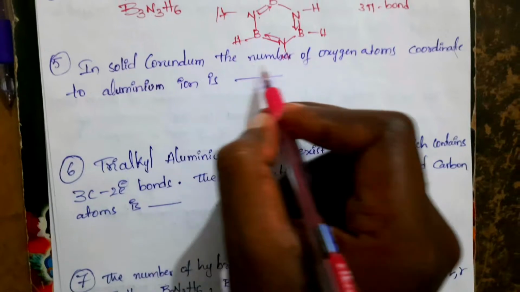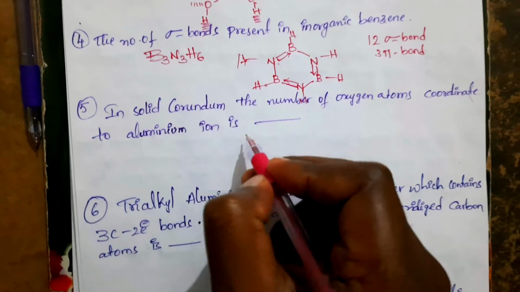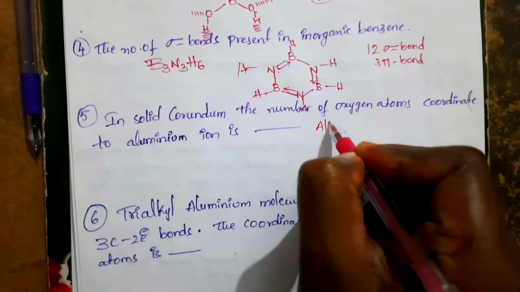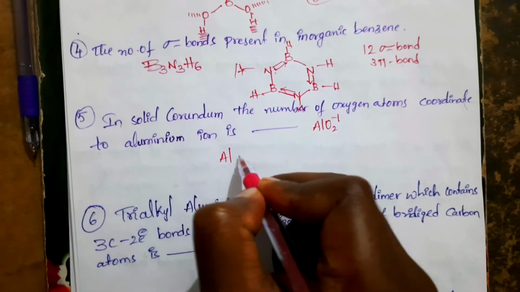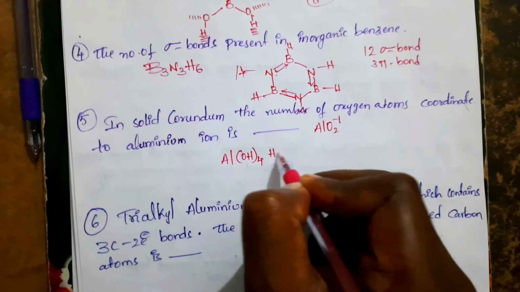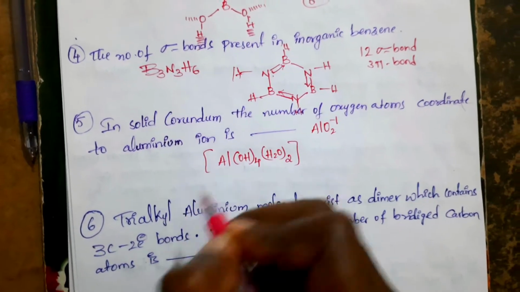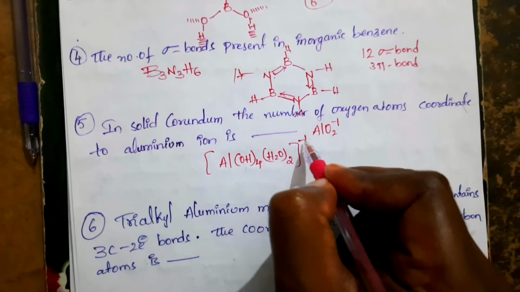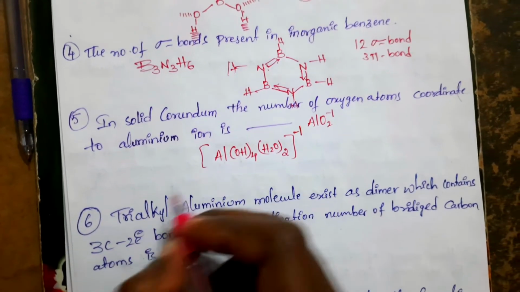In solid corundum, the number of oxygen atoms coordinated to the aluminum ion is asked. Here we have the aluminate ion. This aluminate ion has 4 hydroxy groups and 2 water molecules surrounding the aluminum atom, along with the -1 charge. So aluminum is in +3 oxidation state.